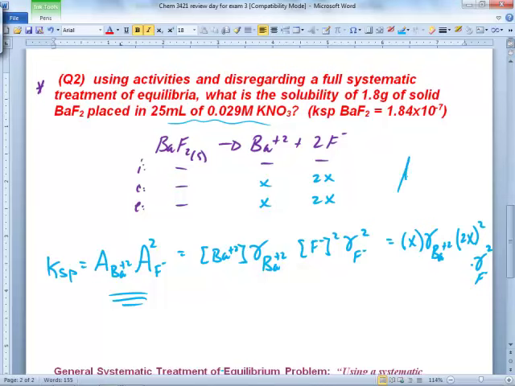If this is an exam, I bet that would probably be right on the table, right? So you're going to have to interpolate to get your activity coefficients for fluoride and for barium. And just don't forget to square your fluoride activity coefficient when you get it. Okay. So again, you'd have to interpolate.